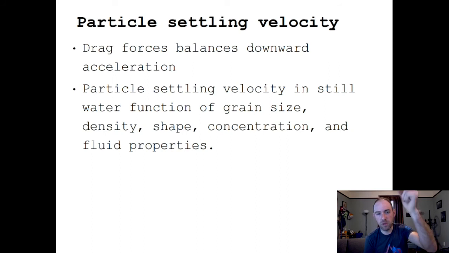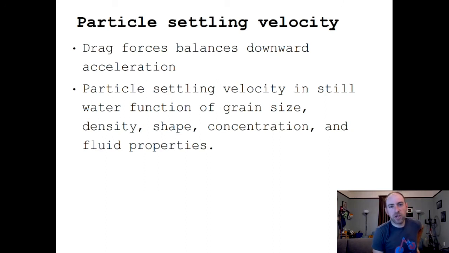So if you put a gravel-sized lead sinker from your fishing tackle box in there, it's going to settle faster than a same-sized piece of quartz sand, right? Because of the density. If it's super angular versus round, the shape will matter because that changes the turbulent characteristics around the particle and the drag that the particle experiences or exerts on the flow, right?